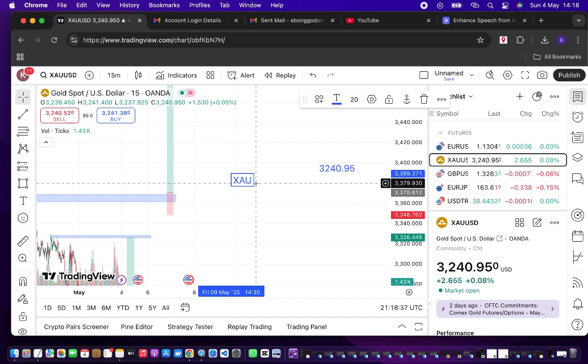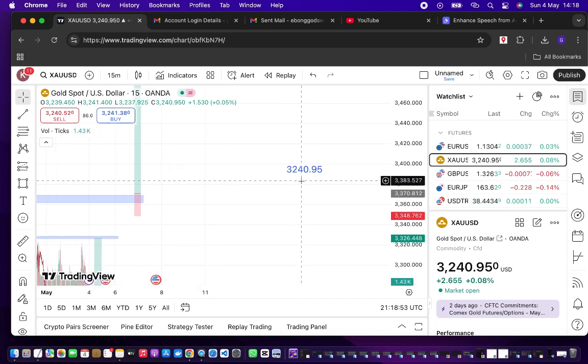So how do we calculate the increase or decrease in market value of gold? We simply pay attention to the first number after the decimal points.